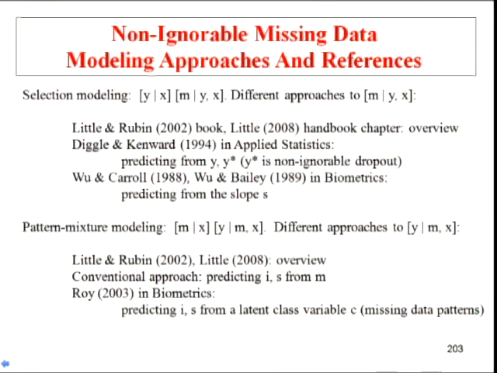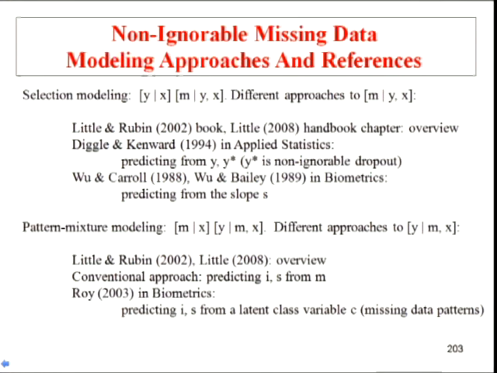We're going to make a distinction between selection modeling and pattern mixture modeling, and a third approach called shared parameter modeling. Selection modeling looks at the data in this way. You have your outcome. Think growth modeling now. You have an outcome over time.